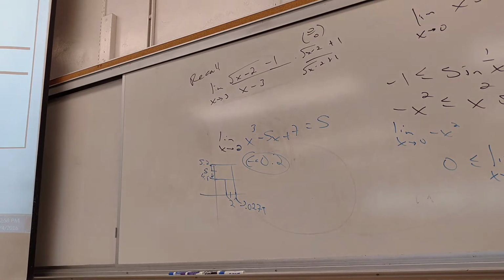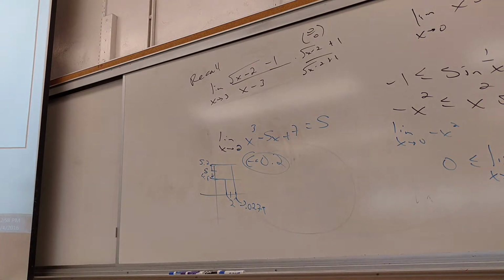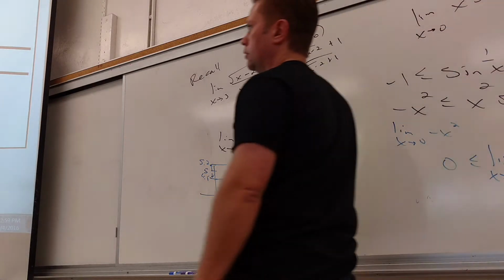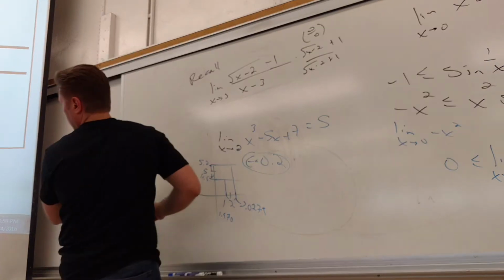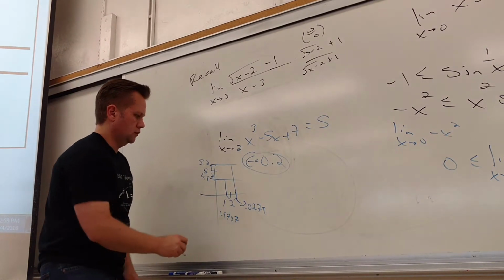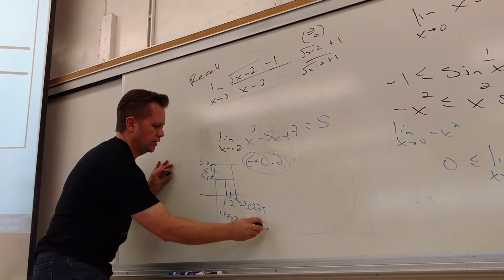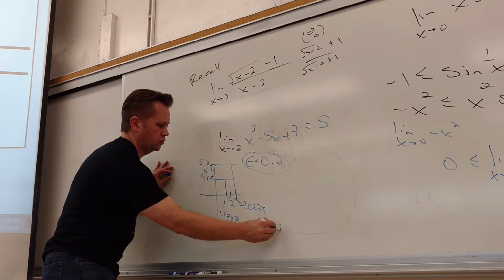Well, let's get the other intersection. Second calc. Intersect. Down here. Enter. Enter. Enter. 1.9707. So a delta candidate here would be 0.0279.